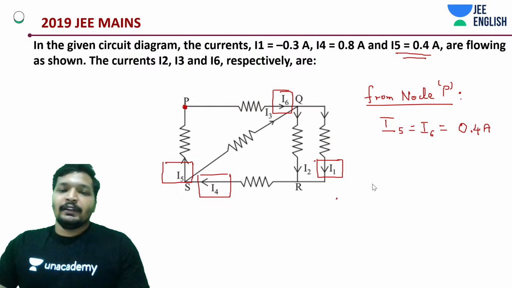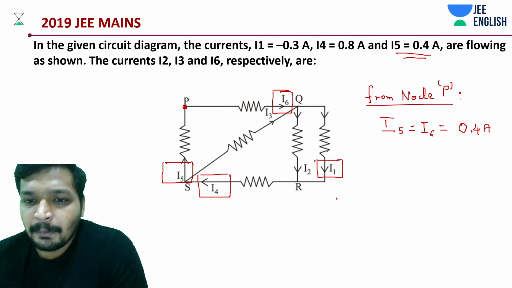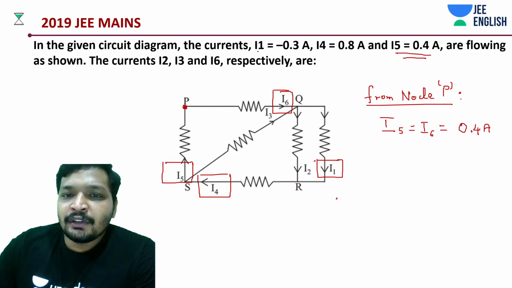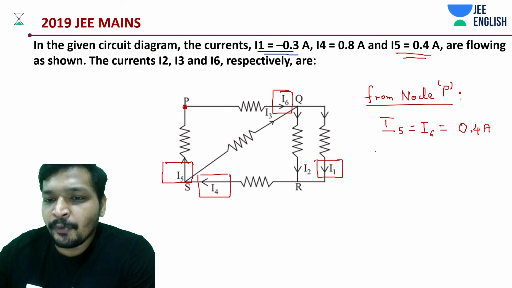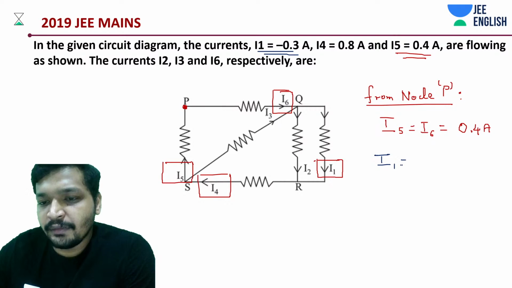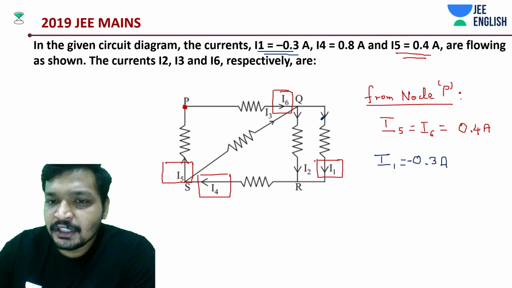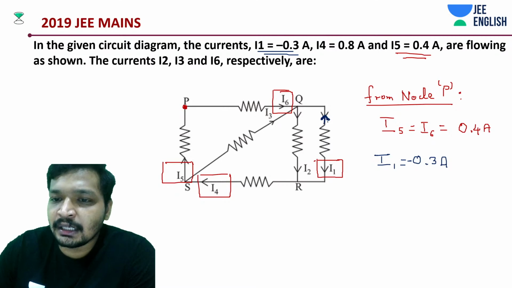So what is this thing, very carefully? We need to find out I2, but what is the I1 value given to you? Minus 0.3. I1 is given to you as minus 0.3, which means the direction in the figure is this way, but it's actually flowing in this direction.